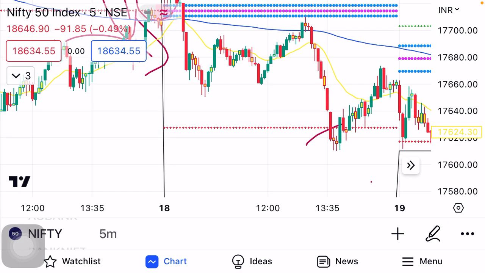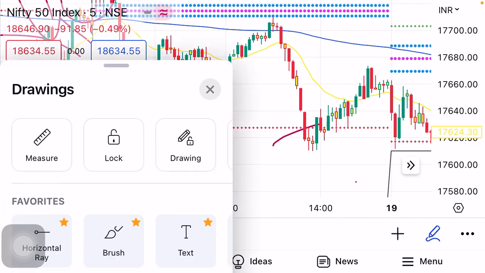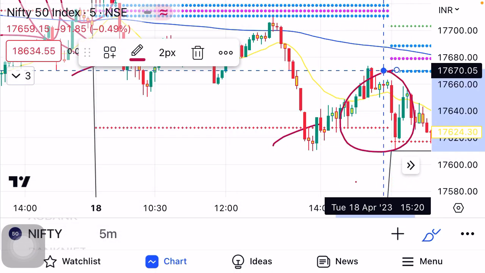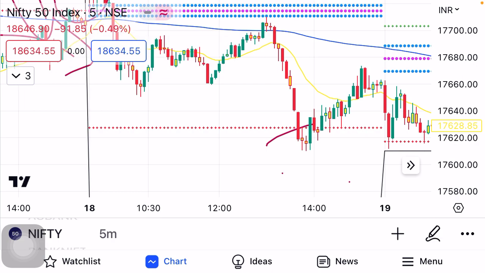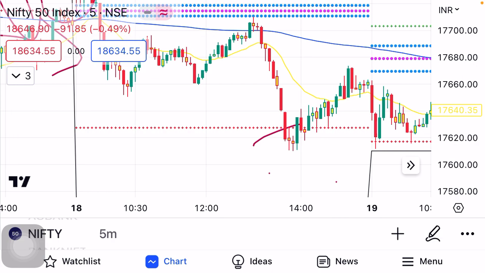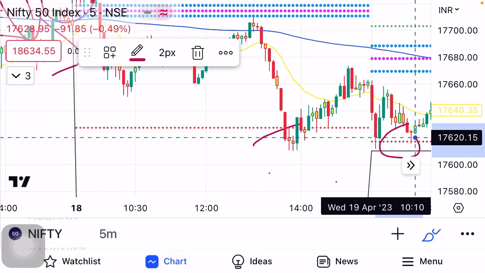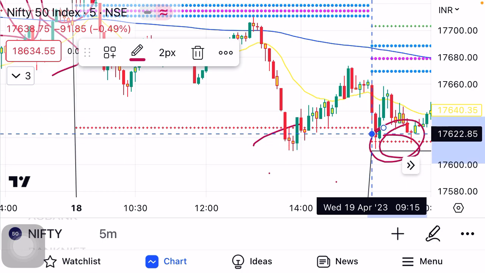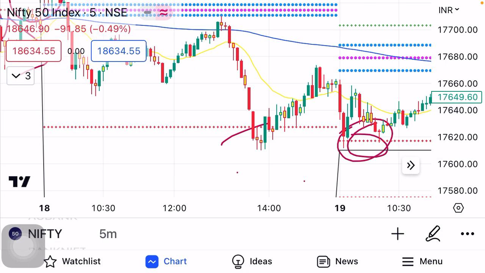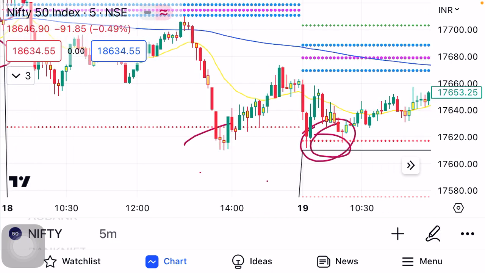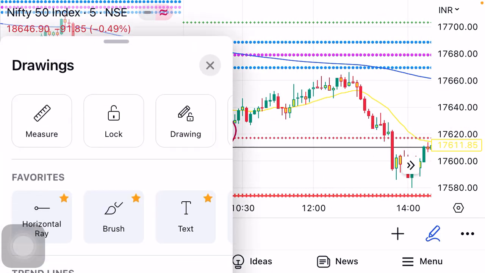On 19th April we don't have a clear price action till now, and we'll see at this point, that is L3. It is a support, right?